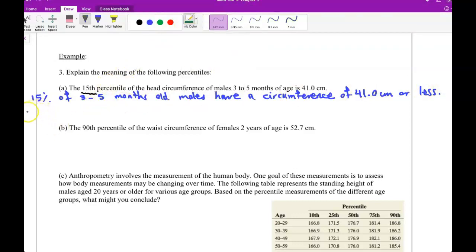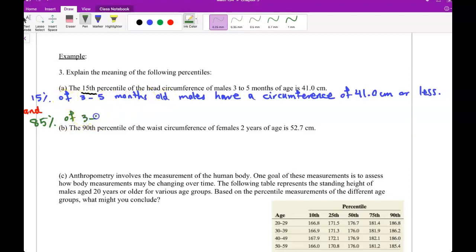We also can say 85%. So instead of 15%, I can say 85%, because I have 100% minus 15%, which is 85%.